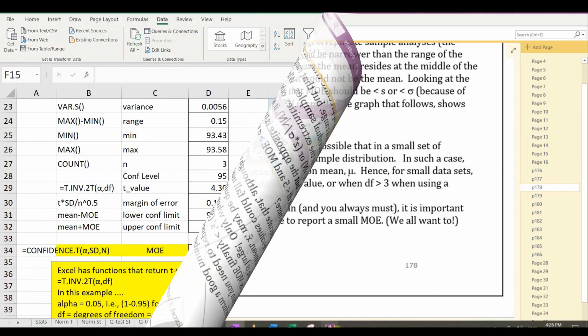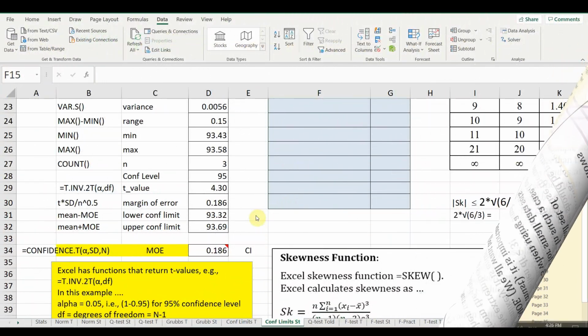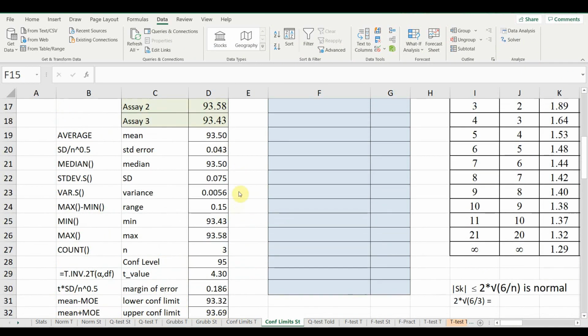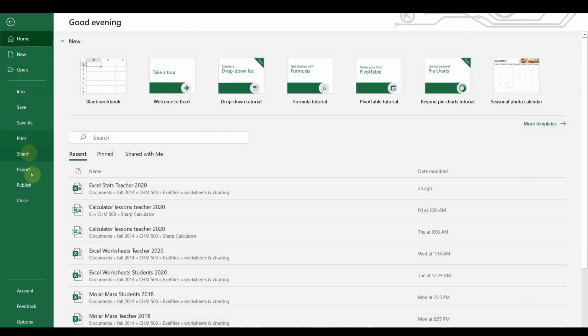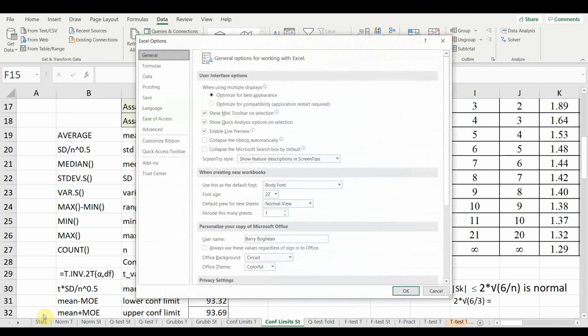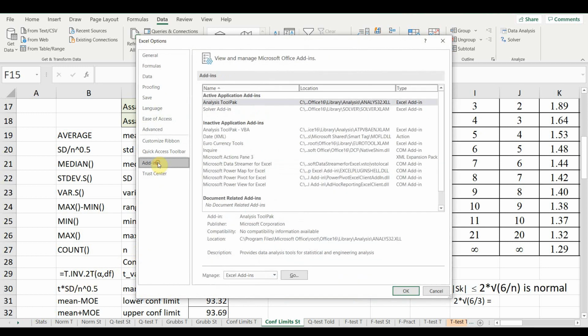Well, as you may have guessed, Excel has a tool that will generate this entire table of results directly. It's called the Descriptive Statistics tool, and it's on the Data tab under Analyze. Now, if you haven't used it before, you probably won't see it. It needs to be installed for first use. So if you go to File, down to Options, and go to Add-ins, so it's File, Options, Add-ins.